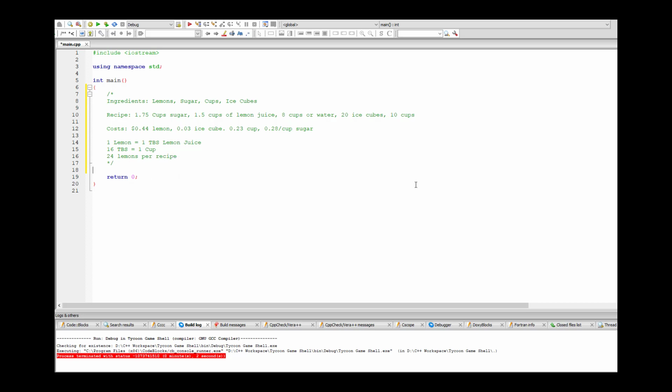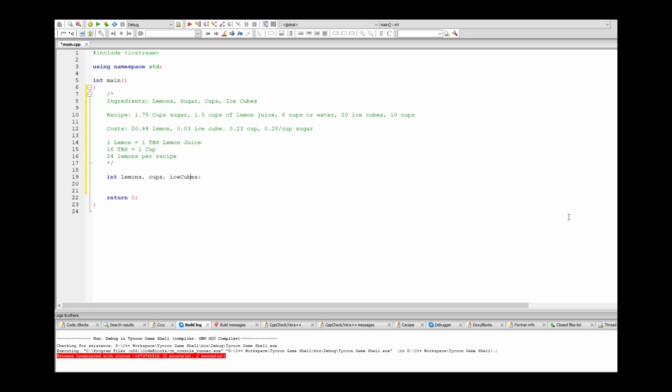All right, so what we're going to do is start off by declaring some variables for our inventory. What we're going to need is some integers: lemons, cups, ice cubes. Now, sugar probably should not be an integer, because the recipe requires 1.75, so we're not really using it as an integer.